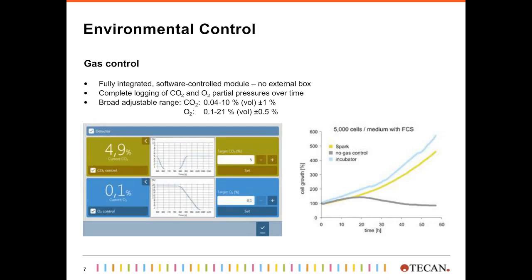We can even log CO2 and O2 data over time so that you always have full control of what is going on inside the system. Notably, O2 can be regulated down to 0.1%, and we can keep the hypoxic conditions between 0.1 and 0.6% over time. And this enables us to really provide a system to do physiologically relevant studies even under highly hypoxic conditions.